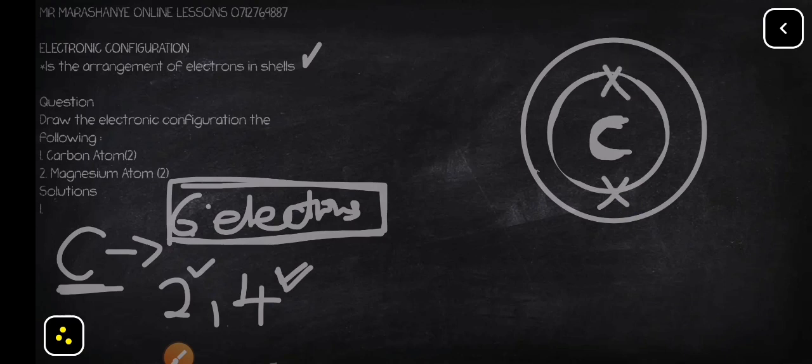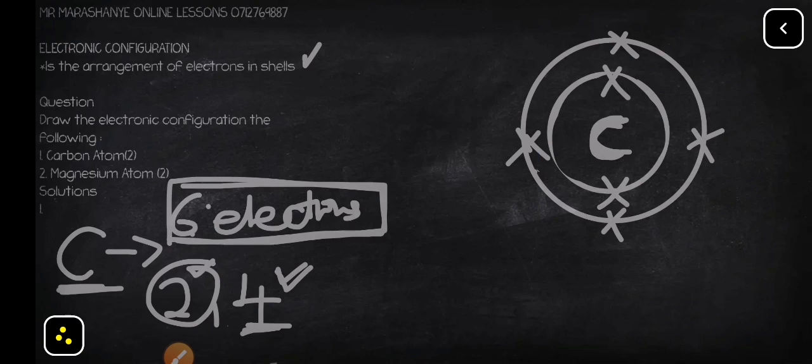Okay, this is the first shell. Then the second shell should be full with 8, but for carbon we have 4. So I'm going to put 4: 1, 2, 3, 4. That drawing is called the electronic configuration for carbon atom.